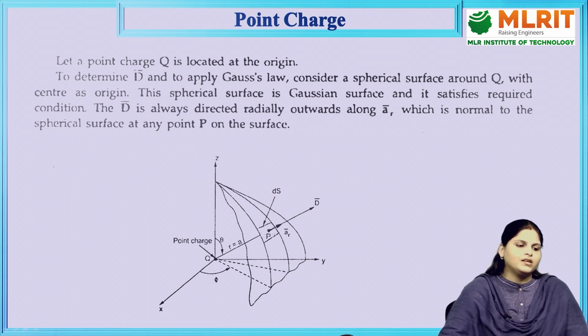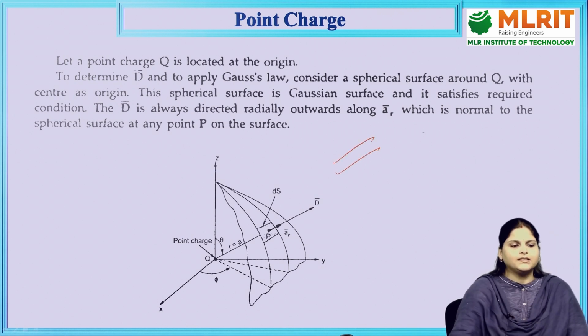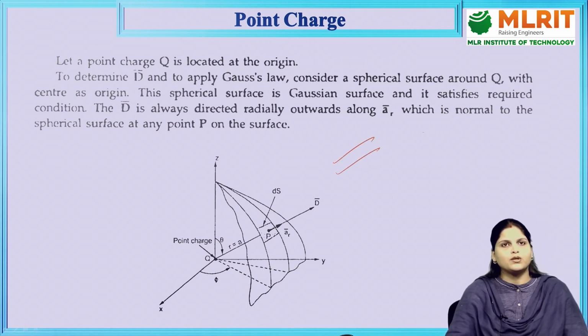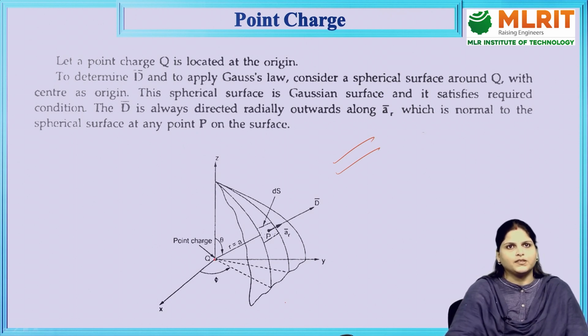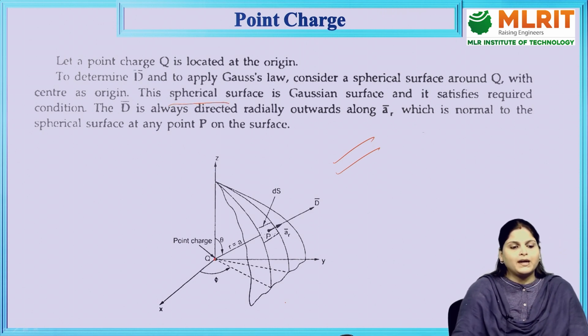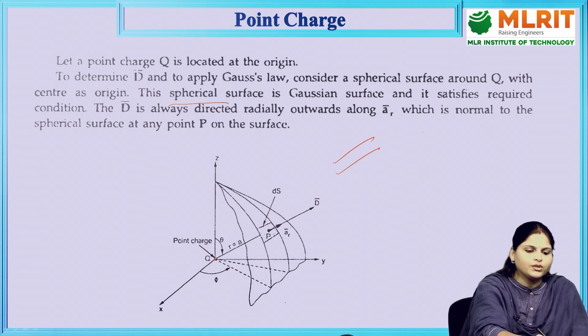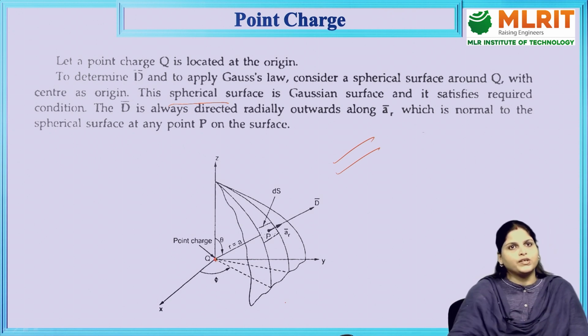For understanding this, we have considered a point charge located at the origin of the sphere. We have to determine D, and to apply Gauss law, we consider a spherical surface around this Q with its center at the origin.